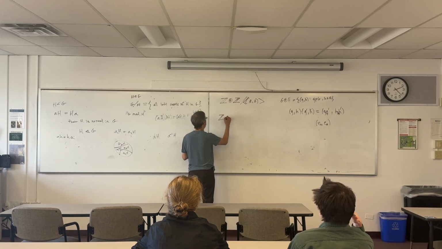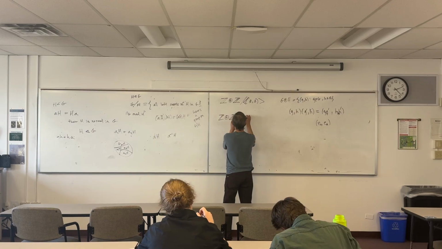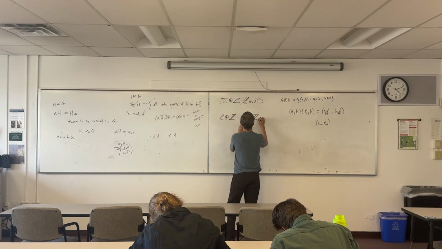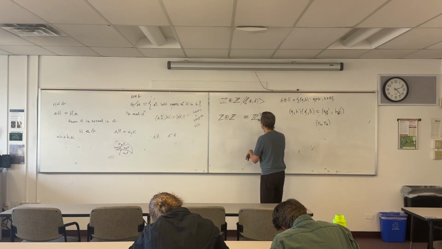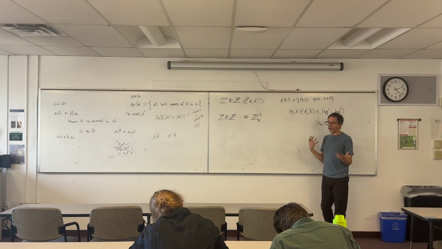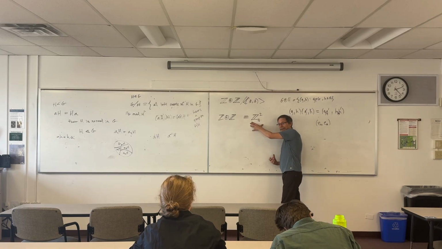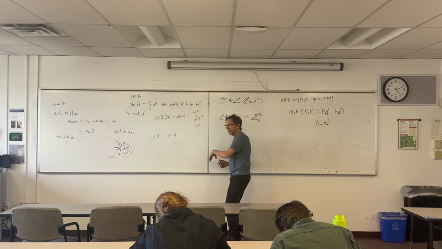So let's just look at this guy first. This is notated as Z2, like R2 is the plane, or R3 is three-dimensional space. This is just a grid of integer points in the plane. So we could write it as a Cayley table?